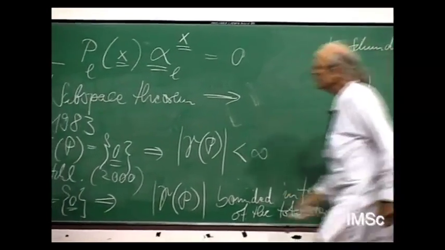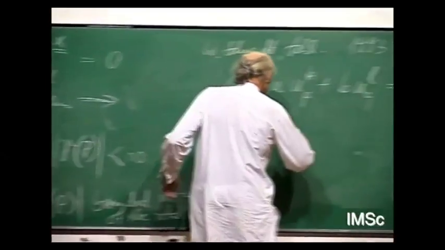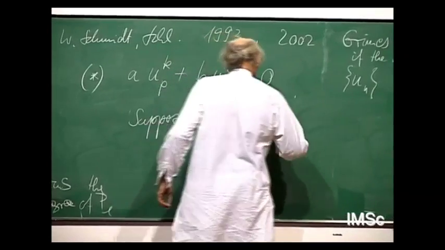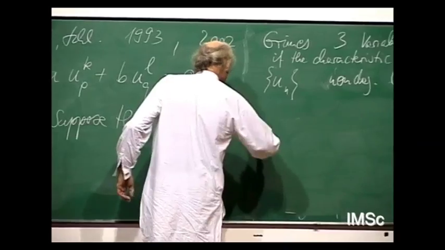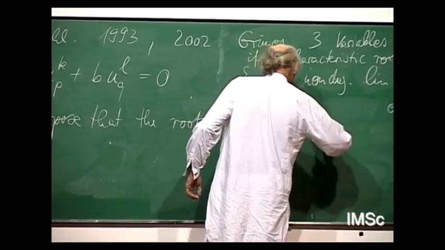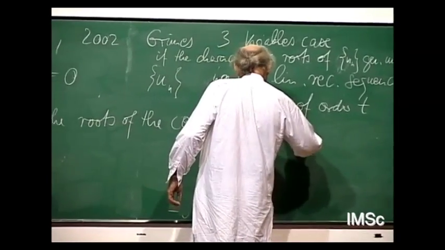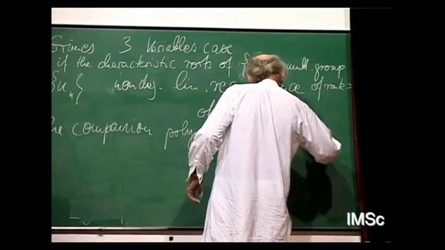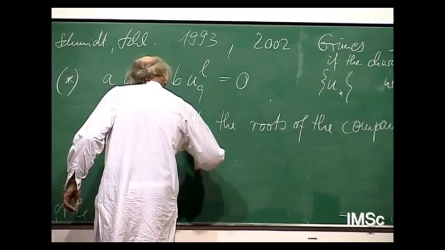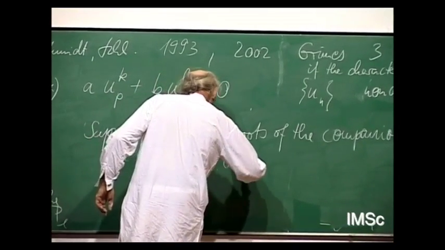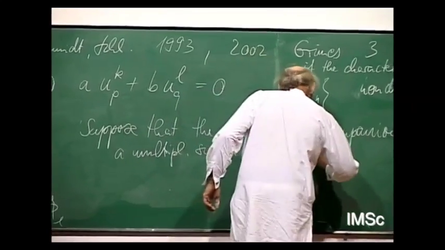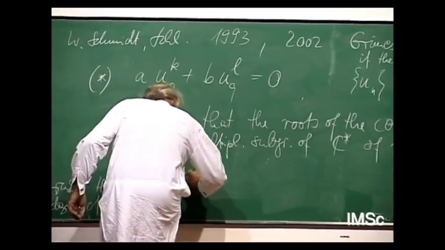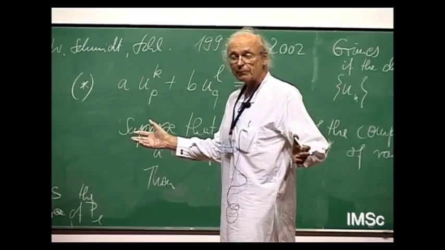So, suppose that the roots of the companion polynomial, so the characteristic roots of the companion polynomial, generate a multiplicative subgroup of C star of rank larger than 1, then I simply say the n variables equation has only finitely many solutions.